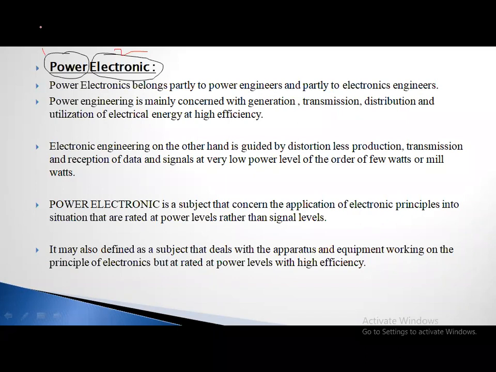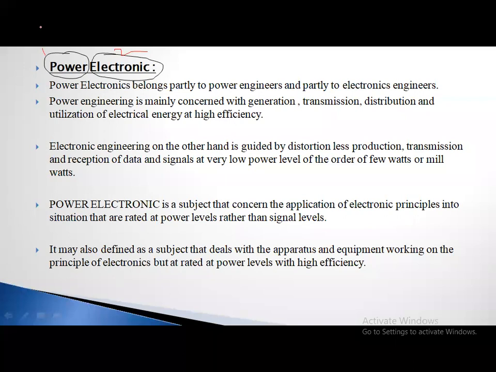Is it clear? Like the electronic equipment we use in a charger, these equipments are operated with low power levels. Clear? Like FM radios, TVs, all the equipments are operated with low power levels. Did you get this point?